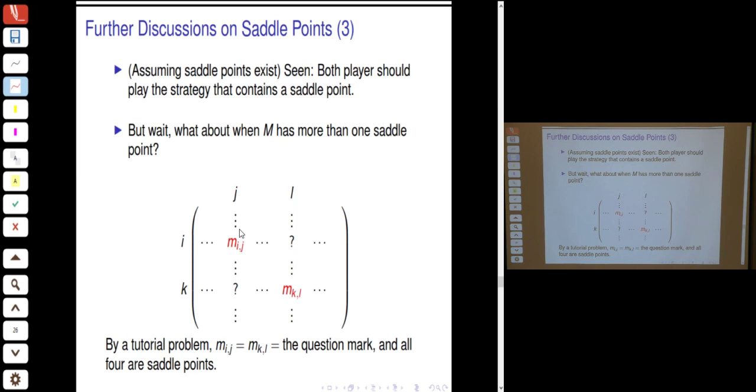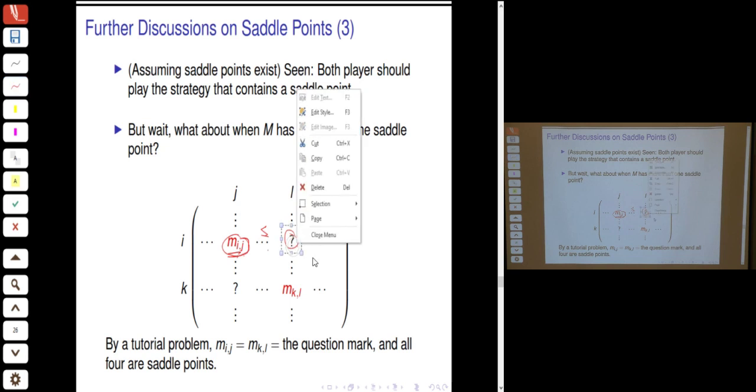What is a quick way of showing that? Since Mij is a saddle point, it is the minimum in its row, so Mij is less than or equal to the question mark.